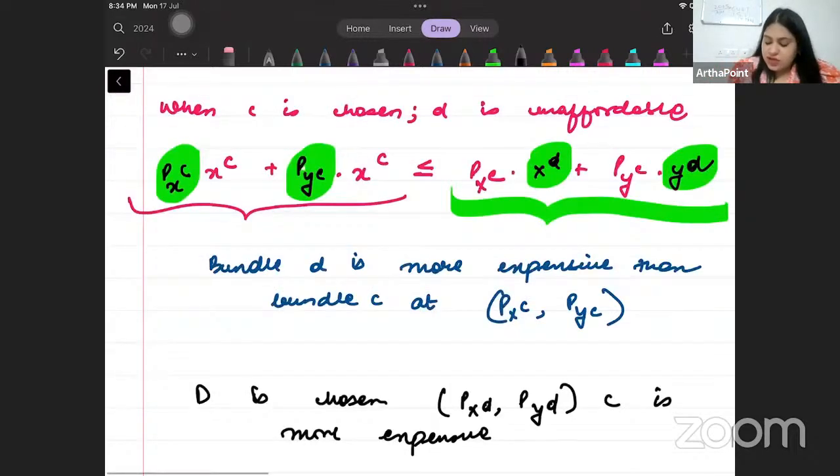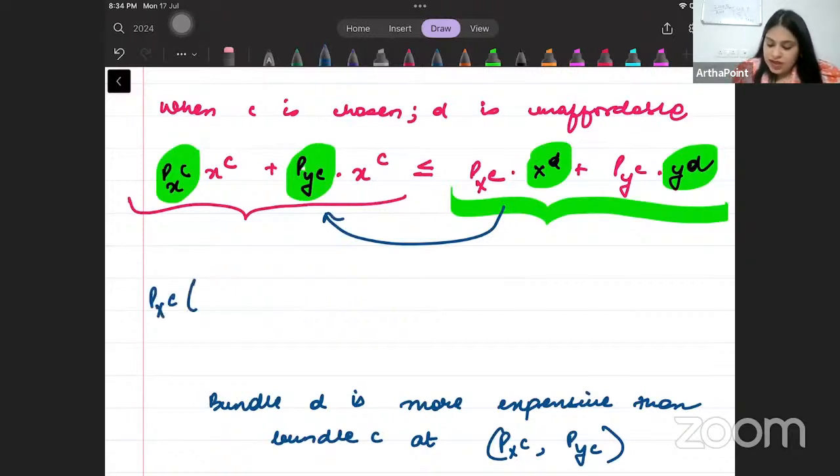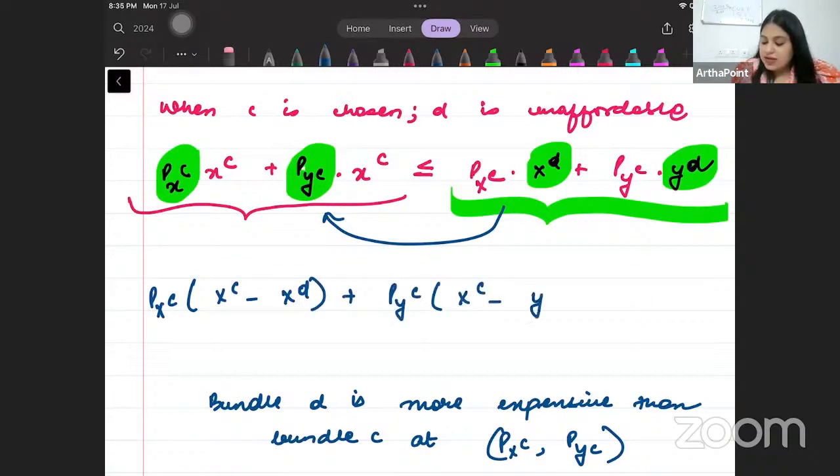If I rearrange this equation, I get PXC, XC minus XD plus PYC, YC minus YD less than or equal to 0.